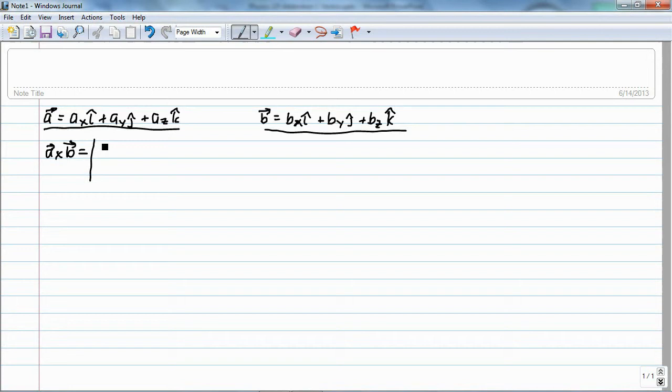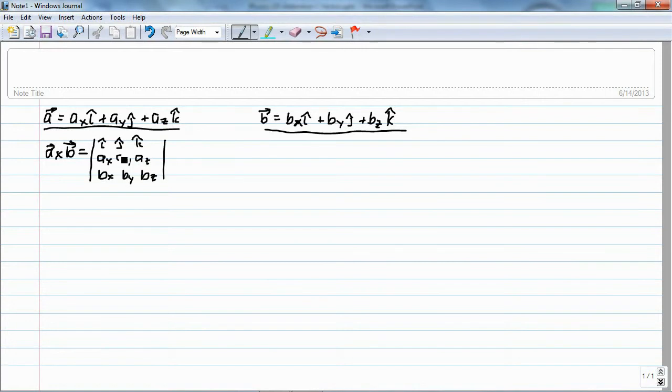The first row is going to be the coordinate components, i hat, j hat, k hat. Then the components of the A vector, ax, ay, az, and then the components of the B vector, bx, by, bz.